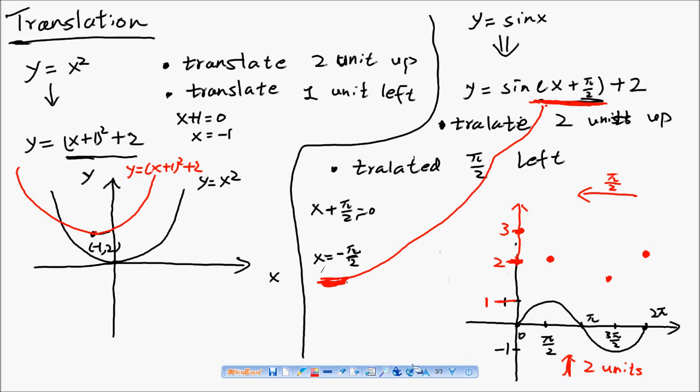The minimum point, whose x value is 3 pi on 2, moved pi on 2 units to the left, which becomes pi. Similarly, the last value is moved to there.